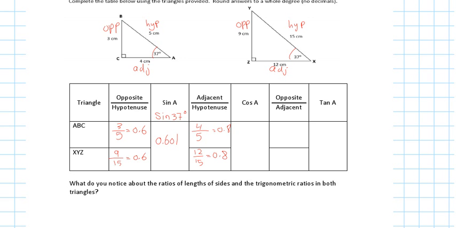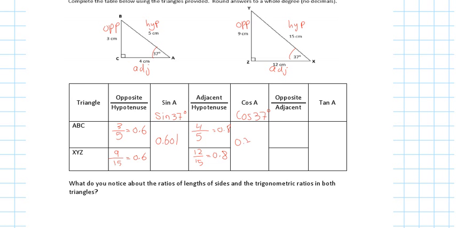Now, find cosine of 37. What's cosine 37? 0.798. Have you guys noticed anything?